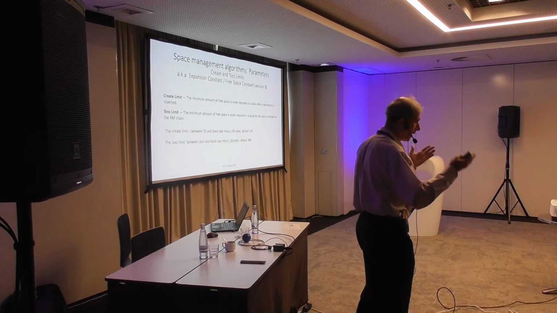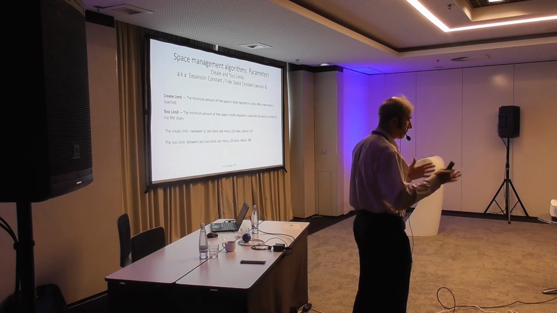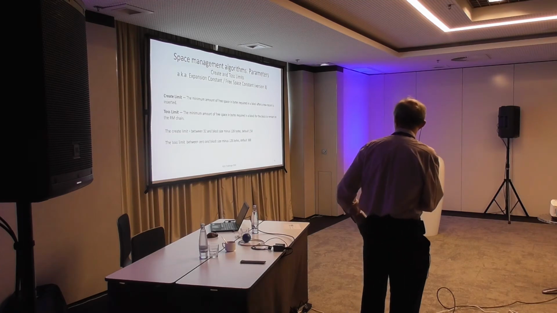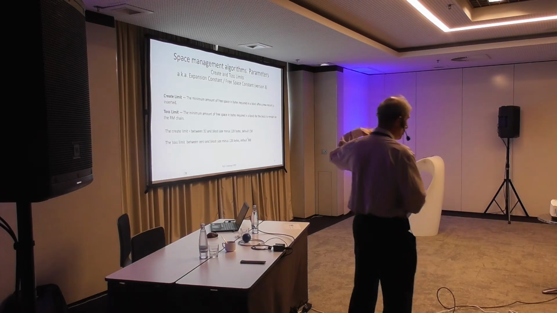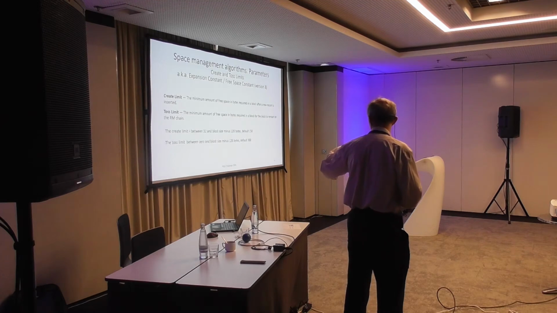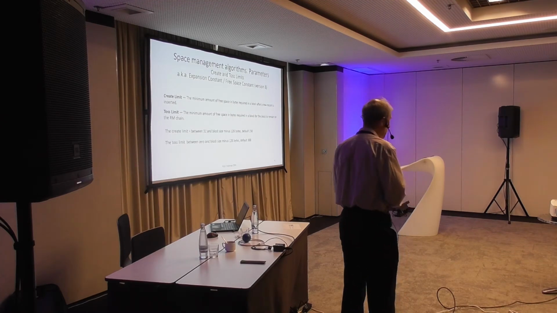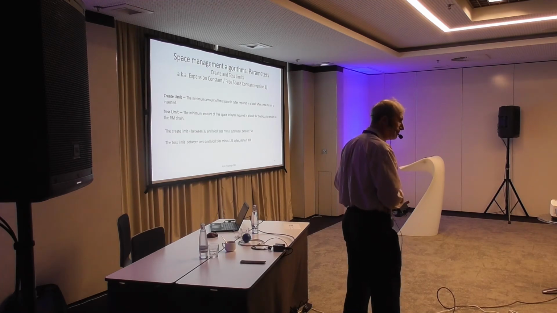So basically, if the free space is more than toss limit, then the block is allowed on the RM chain. And here you can see the minimum and maximum values for this and that, and obviously the default. Create and toss limit are per table. And also, as Gus said, toss limit should be bigger than create limit. If you make toss limit smaller than create limit, then bad things start to happen.